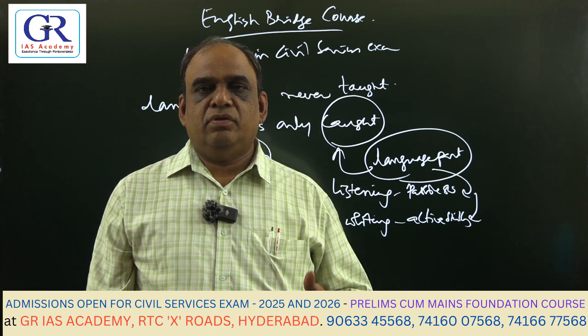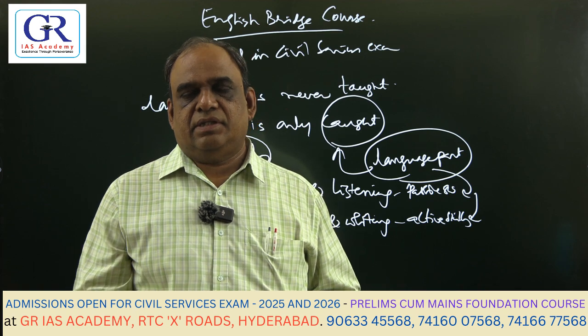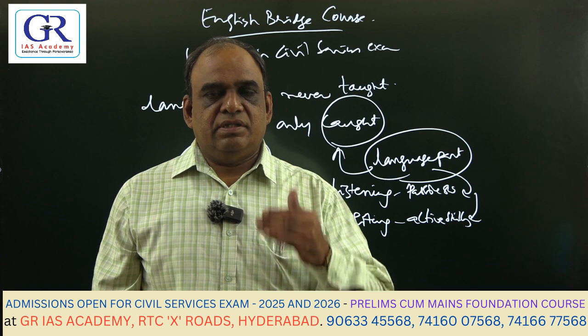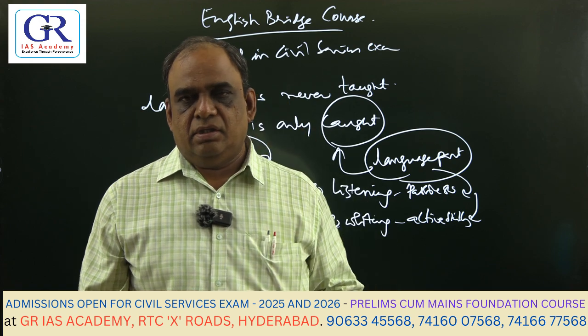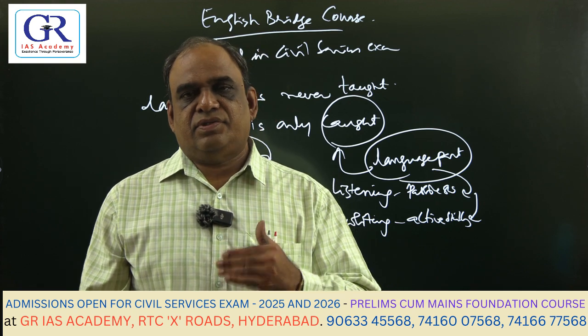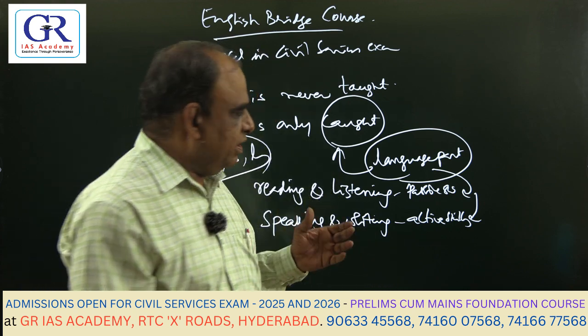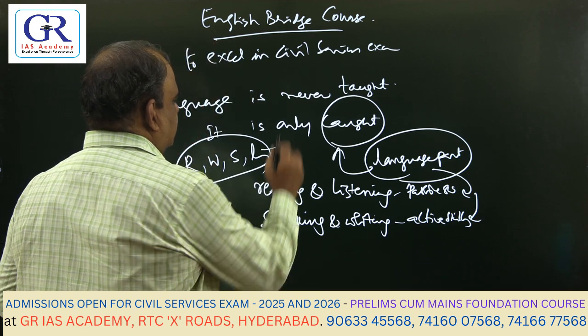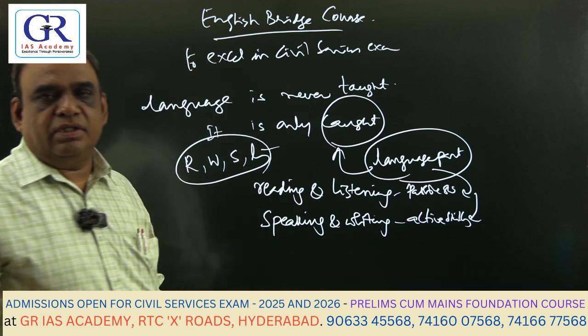He should be able to write whatever thoughts he has. He should be able to understand when he is listening to somebody speaking. Not only that, he should be able to understand whatever he reads in a book or newspaper. So if he commands these 4 skills, then we say that he has learnt that language.